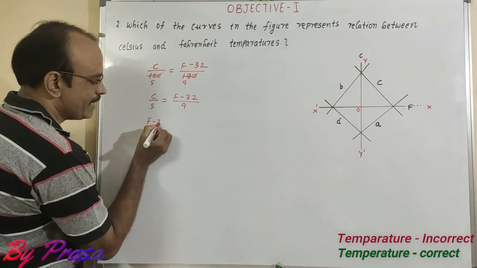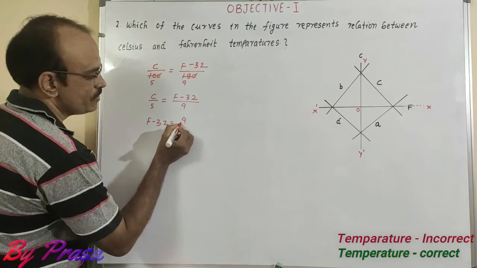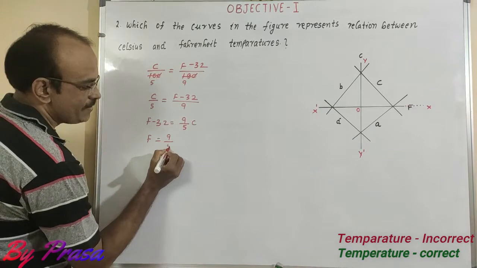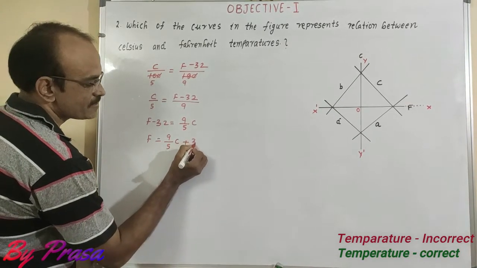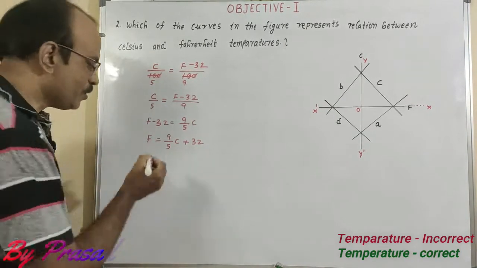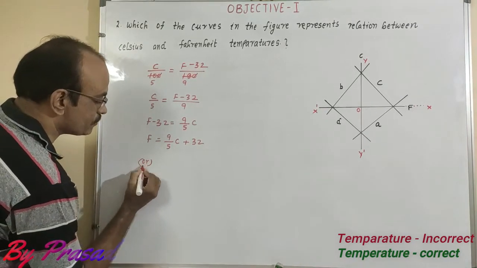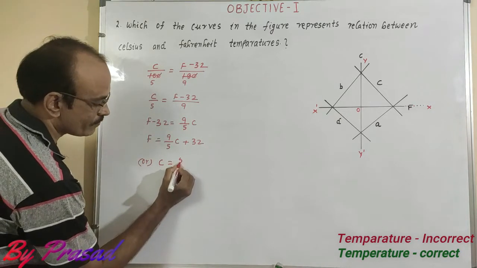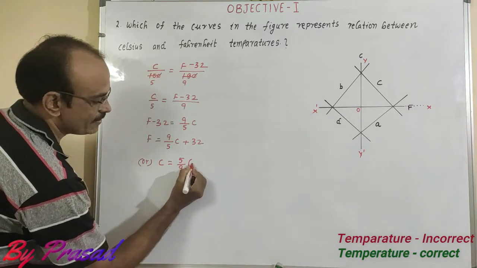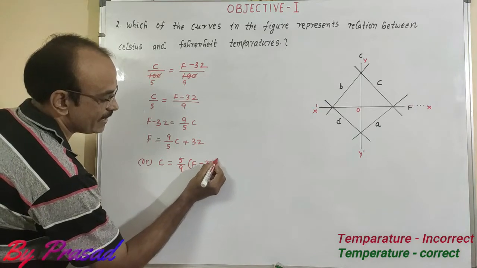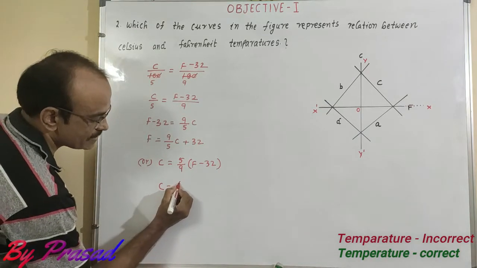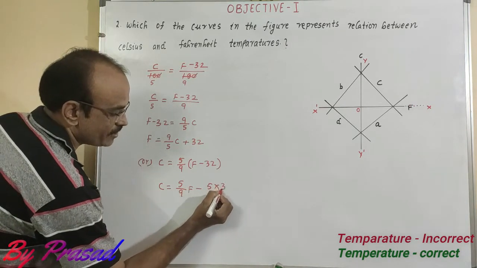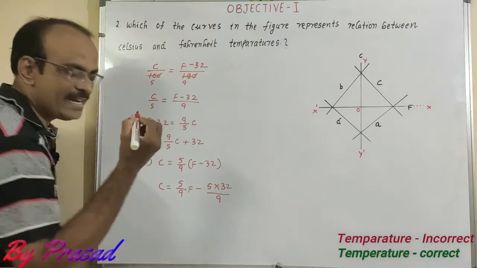Here F minus 32 is equal to 9 by 5 C, and F is equal to 9 by 5 C plus 32. Otherwise we can write C is equal to 5 by 9 times F minus 32, so C is equal to 5 by 9 F minus 5 into 32 divided by 9.